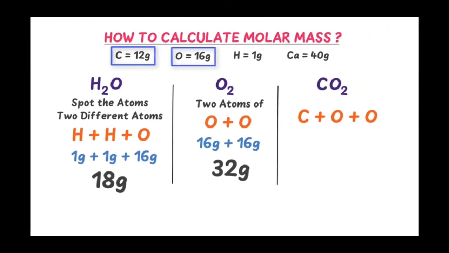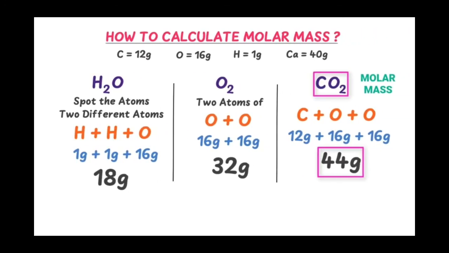Next, let's calculate the molar mass of carbon dioxide molecule. Spot the atoms. Here we have 1 carbon atom and 2 oxygen atoms. So, we shall write as C plus O plus O. The gram atomic mass of carbon is 12 grams and oxygen is 16 grams.